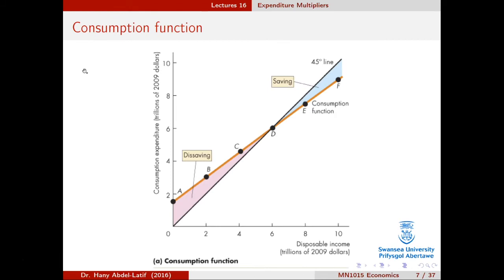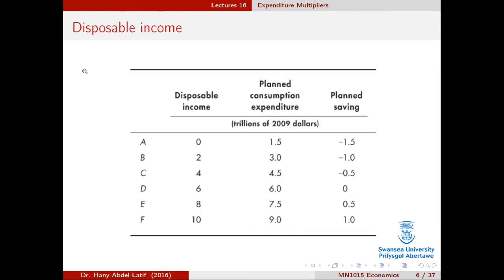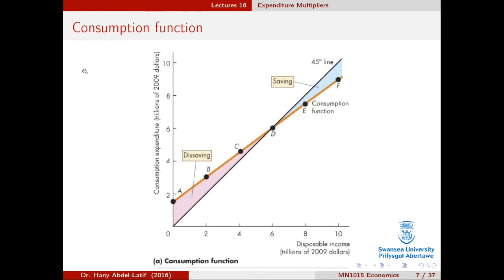So we can represent this in a graph. What you see now is what we saw in this table. On the horizontal axis we measure the disposable income, on the vertical axis we measure consumption expenditures.